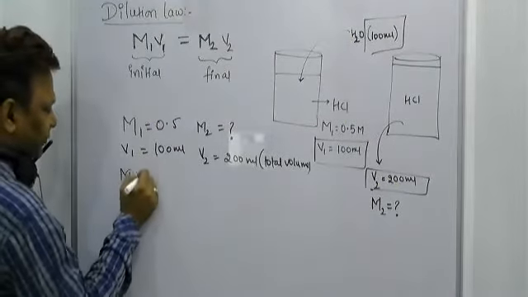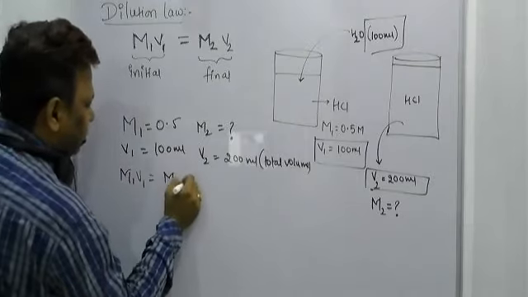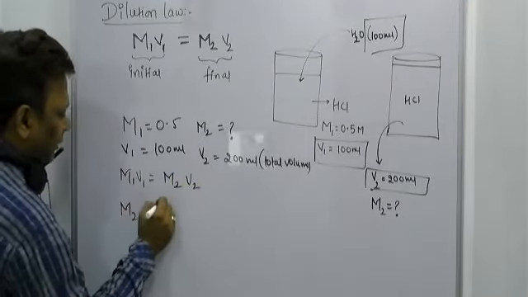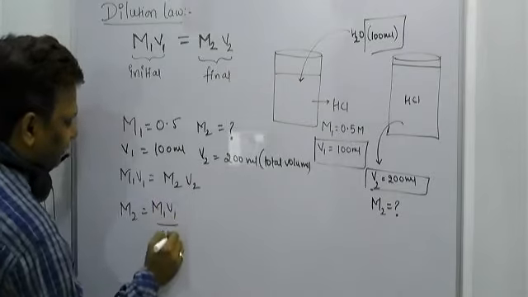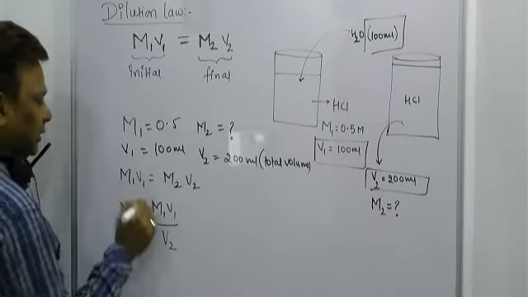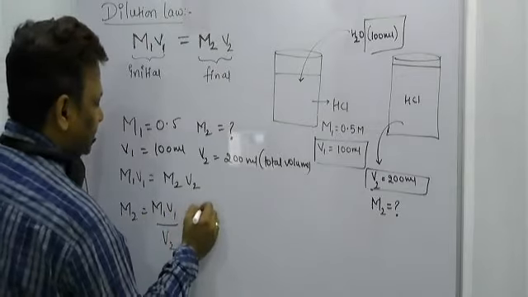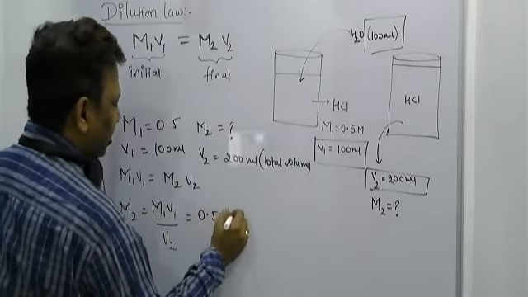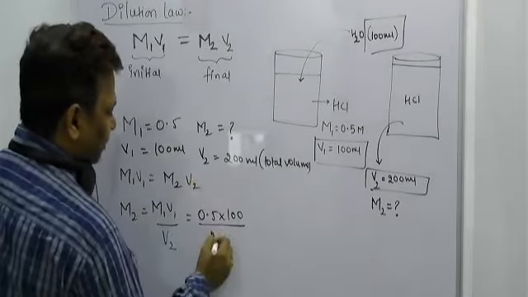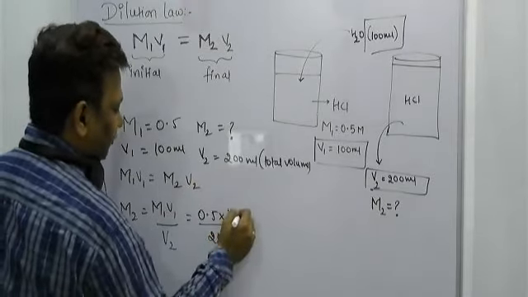Now get the molarity formula: M1V1 equals M2V2. That means M2 equals M1V1 by V2. See, beta, M2 will be here, and V2 comes in the denominator. What is the M1 value? 0.5. V1 value is 100. What is the V2 value, beta? That is 200. 1, 2, 1, 2.